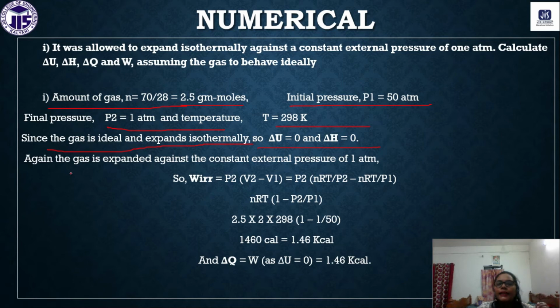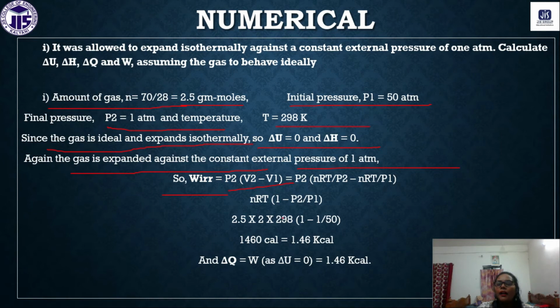Again, the gas is expanded against a constant external pressure of 1 atmospheric pressure. So W, the work done, equals P2 into (V2 minus V1), that is P2 times (nRT by P2 minus nRT by P1), where V1 and V2 are substituted by the ideal gas equation.